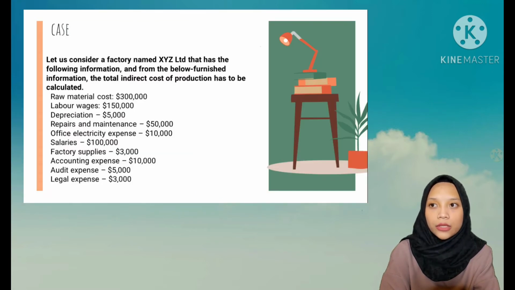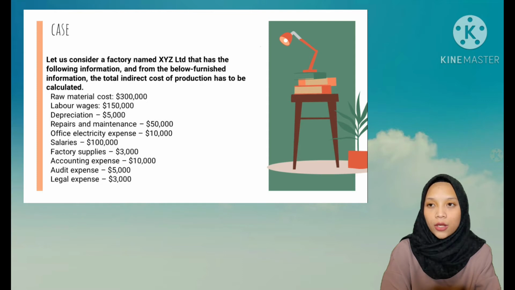Number 2 is about case of direct costs and indirect costs. Let us consider a factory named XYZ company that has the following information, and from the below furnished information, the total indirect cost of production has been calculated.